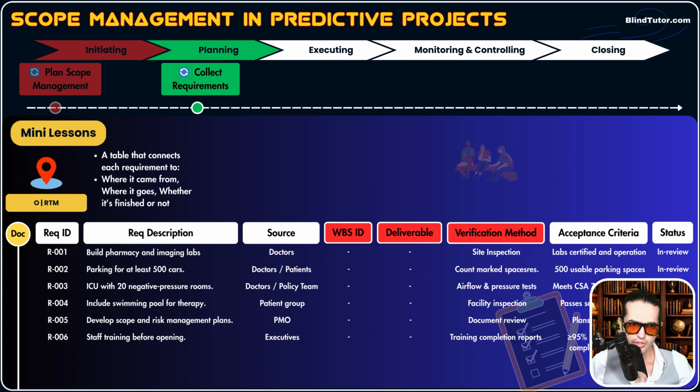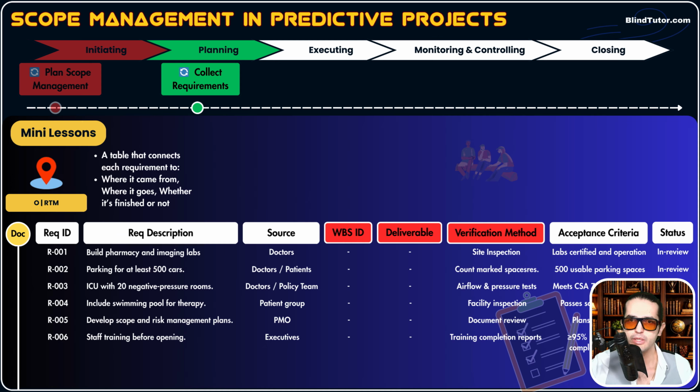Okay, we're going to have requirement ID, requirement description, exactly the same as the requirement list. We're going to have source. We had source also in the requirement list, but here are some new columns. We're going to have WBS ID, deliverables column, verification method. These are new columns, okay? And there are going to be some other columns, but this is a typical RTM. So as I said before, RTM gets updated in each process, okay?